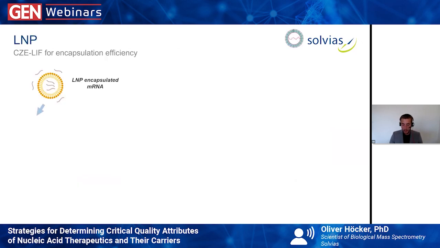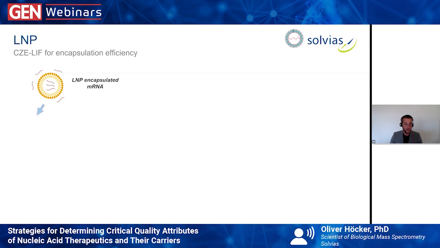In analogy to the AAVs, we can also do this for LNPs. Lipid nanoparticles are also not perfect in encapsulating the mRNA. Ideally it should be inside the lipid nanoparticle to be protected, but there is always some mRNA outside of the LNP. Normally this is measured with a RiboGreen assay, but this is not flawless and has some disadvantages.